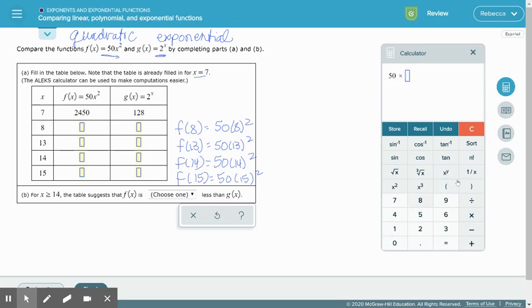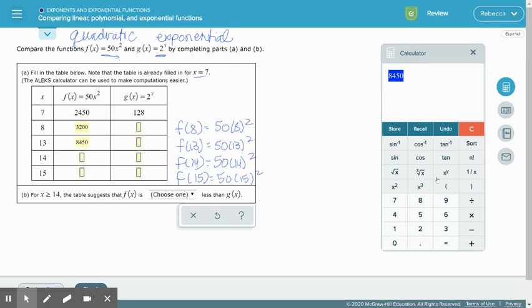So 50 times 8 squared. This is 3,200. Then they want 50 at 13 squared. $8,450.